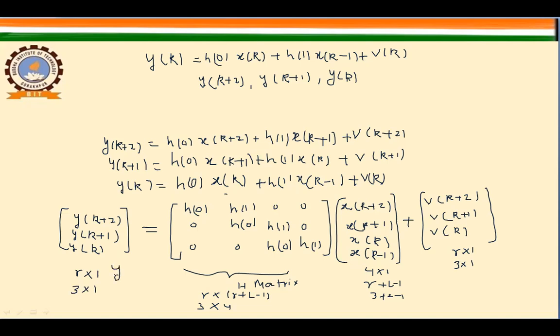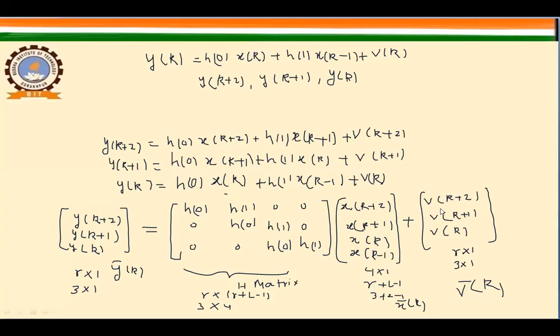This is denoted by y bar of k, this is H, this is denoted by x bar of k, this is v bar of k. So now we have to write the equation.